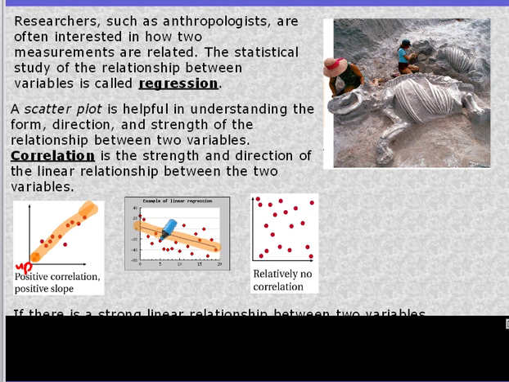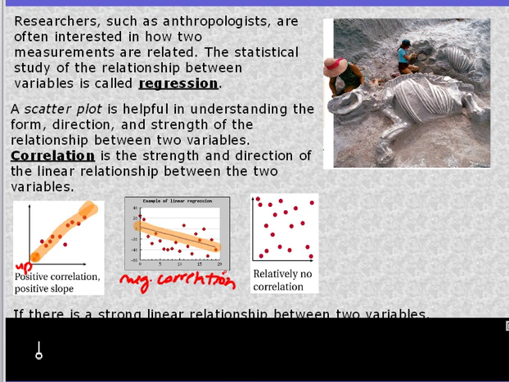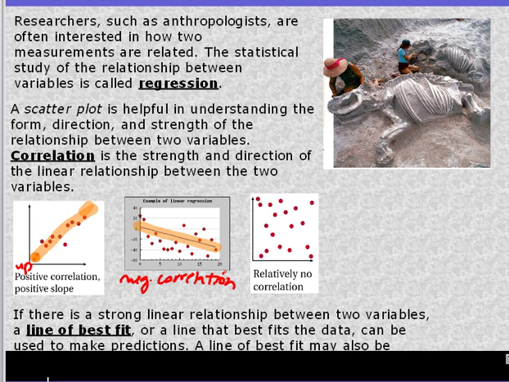It has a downward slope, so it's going to be a negative correlation, kind of a weak correlation, which we'll see in a little bit. And this one just looks like random dots. There's no correlation.